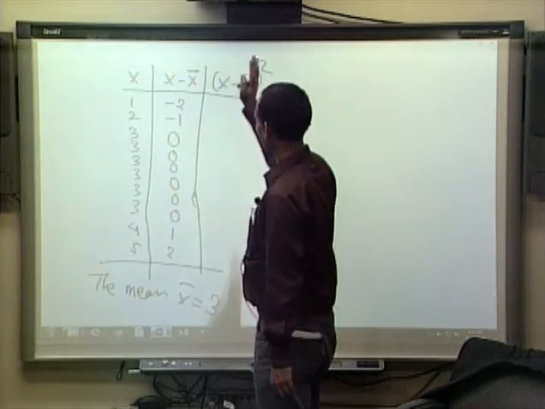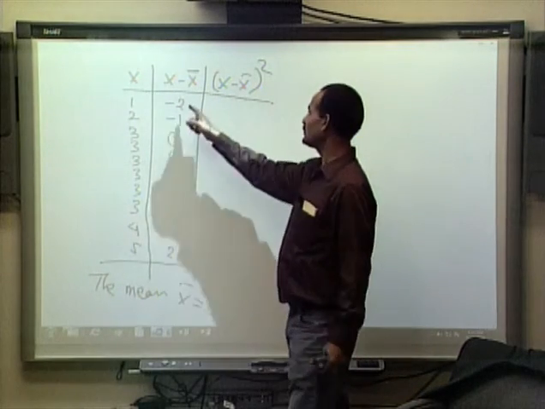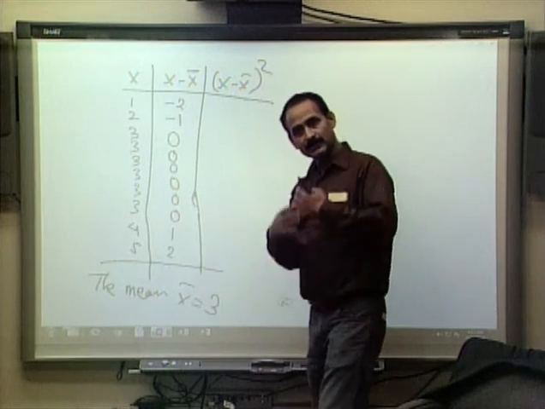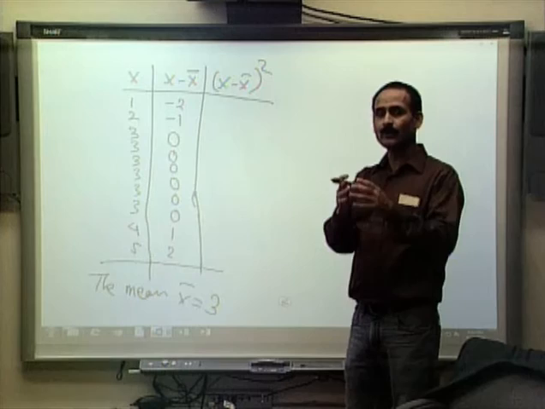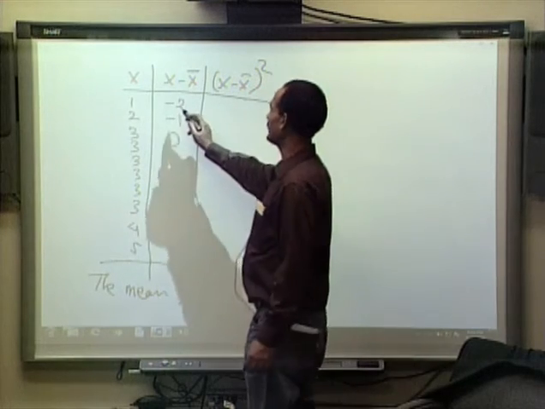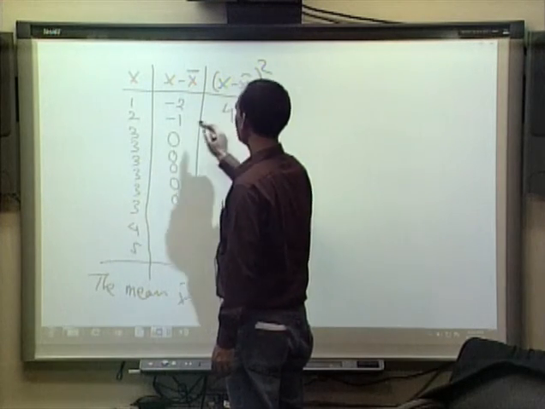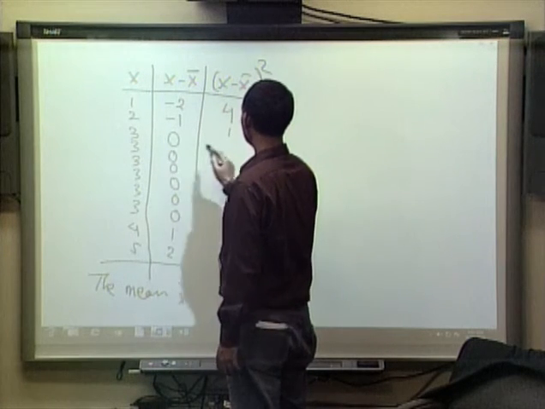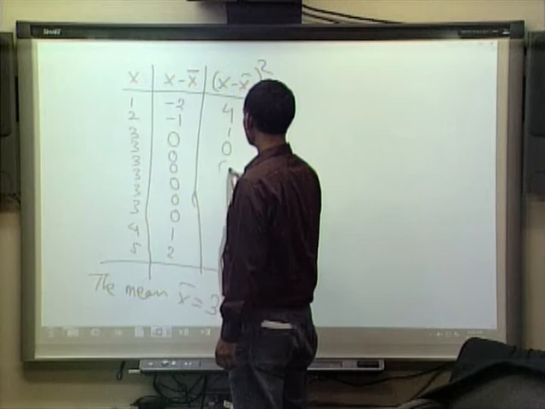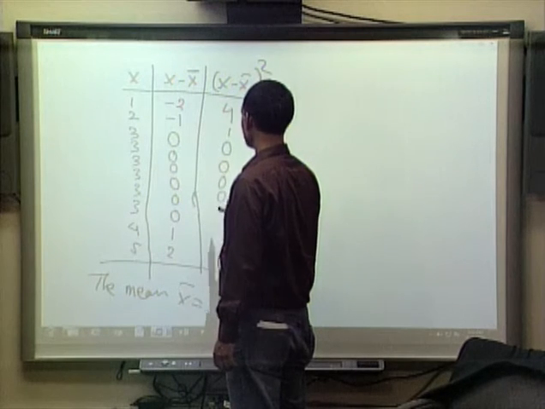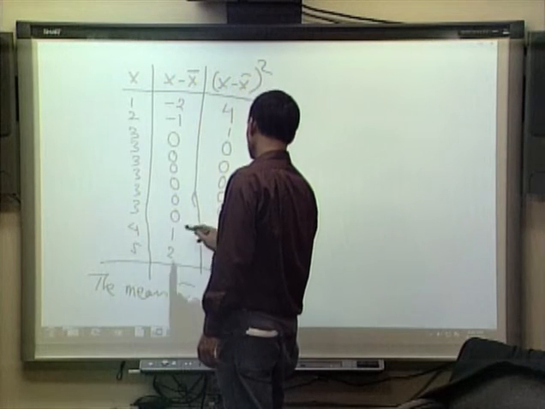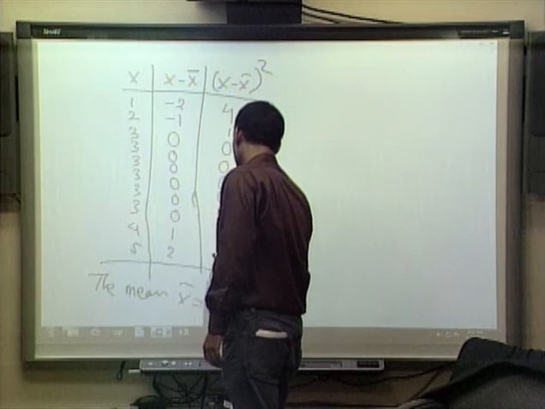When calculating mean deviation, we just took the positive of every number, simply ignoring the sign. In order to calculate the variance, we square them. Negative 2 squared is 4, negative 1 squared is 1, 0 squared is 0 for each of the 3s, 1 squared is 1 and 2 squared is 4.